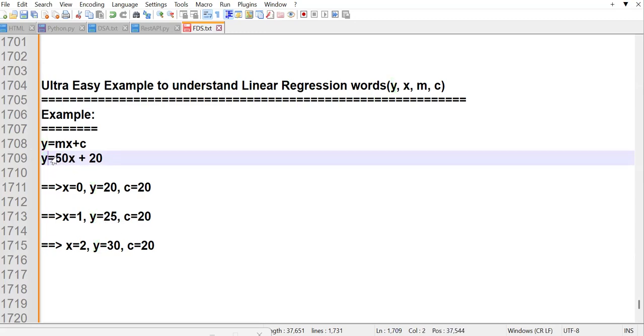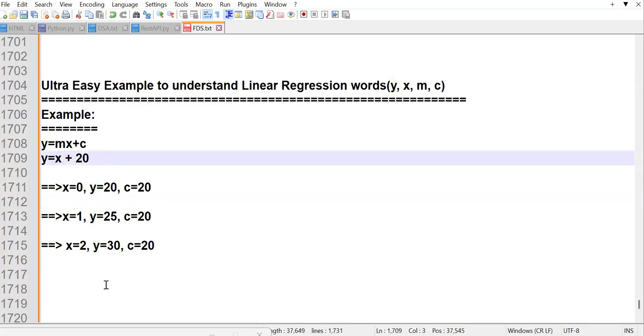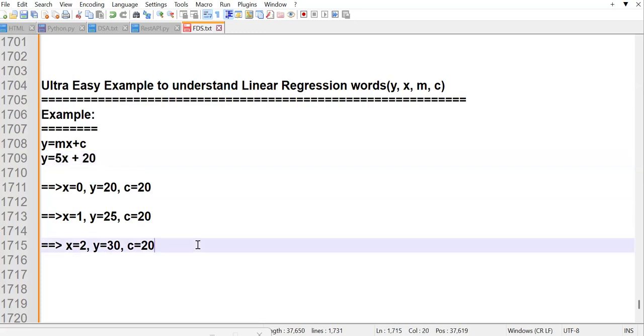So m determines how fast or slow the dependent variable changes with x. Okay, I hope you guys are clear about it?